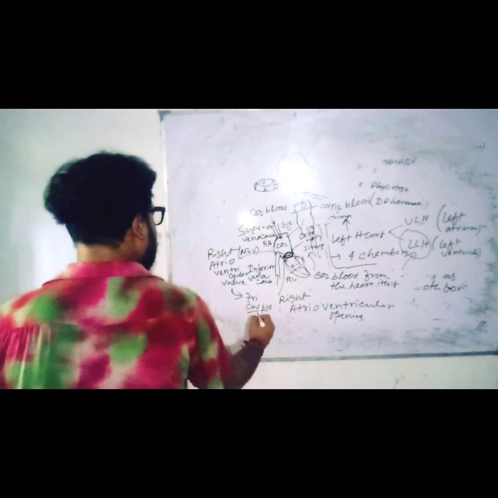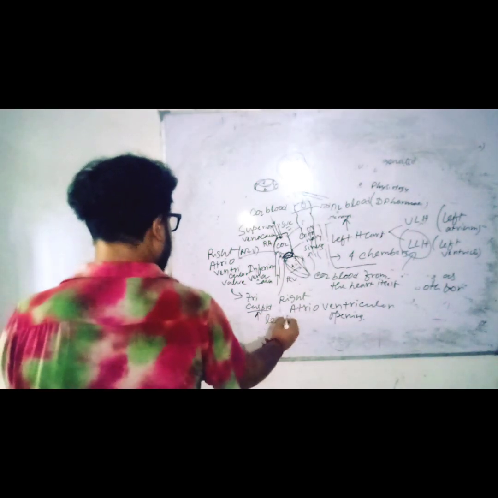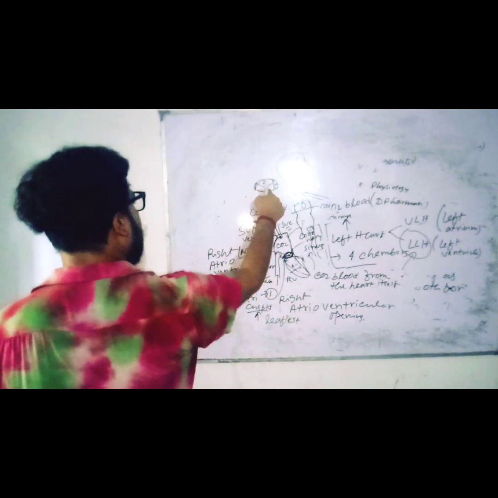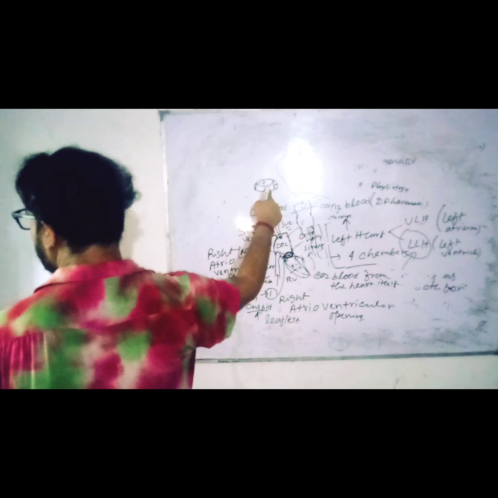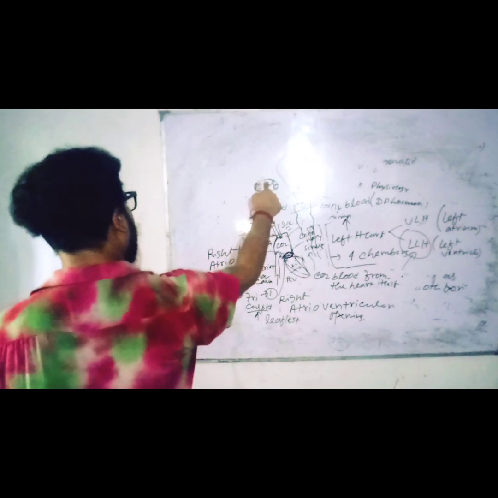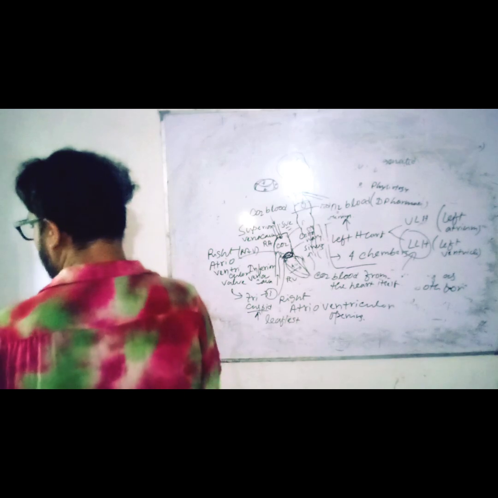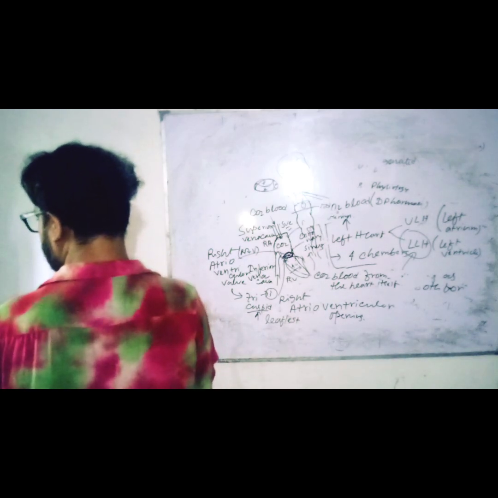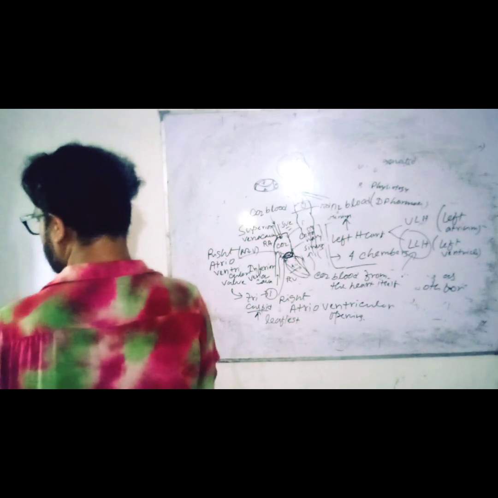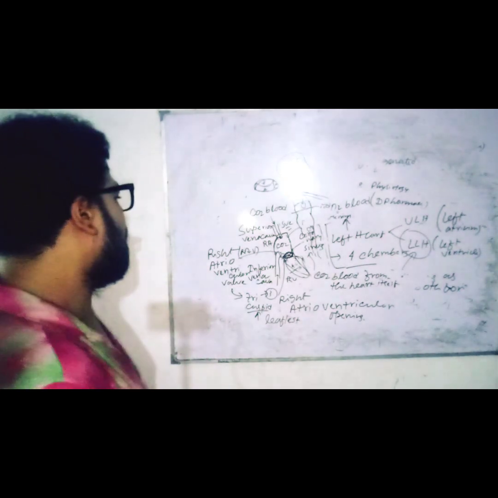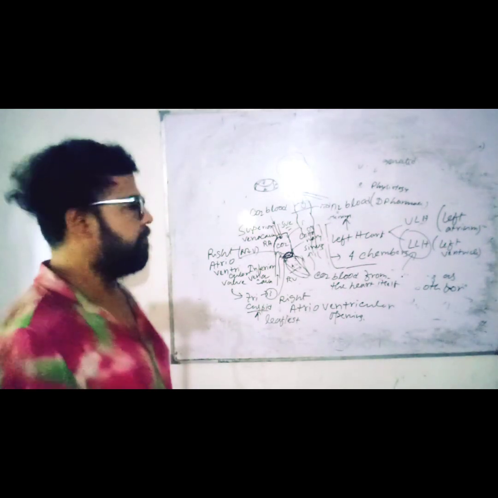Actually, cusp means leaflet, tri means three. So in this valve there are three leaflets: posterior leaflet, anterior leaflet, and medial leaflet. So this valve is called the tricuspid valve.